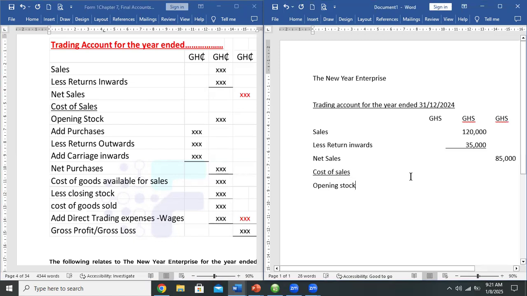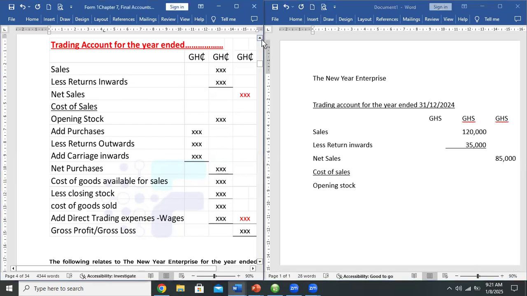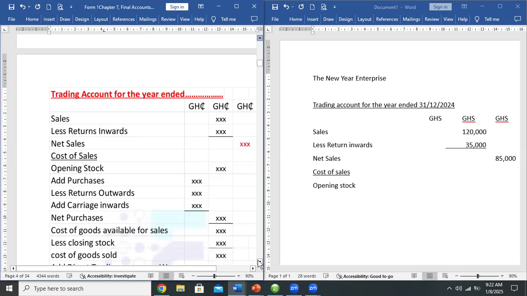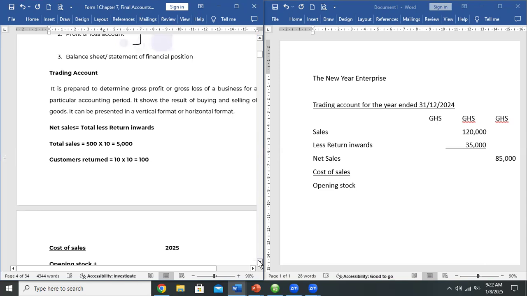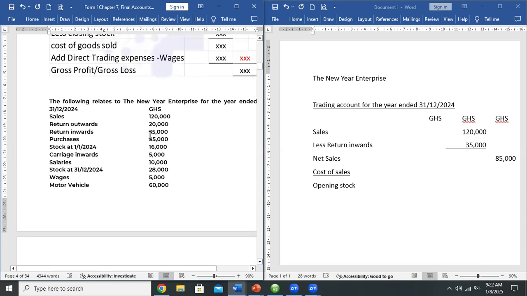And where do we put our opening stock? At the middle column. So you go to the question and you pick the opening stock. Oh, I think the question should be down instead. So one of you professors should tell us the opening stock from the information here about New Year Enterprise.